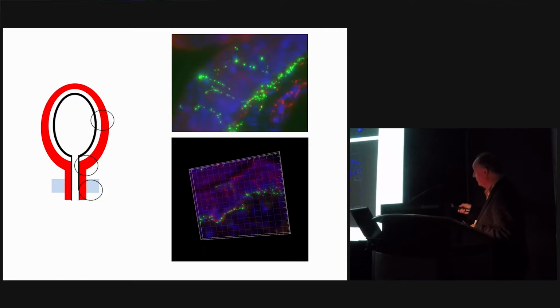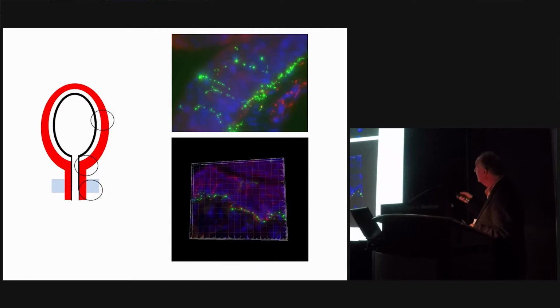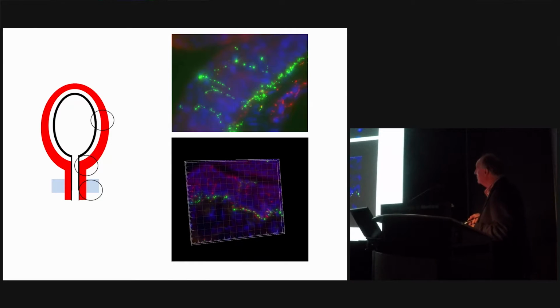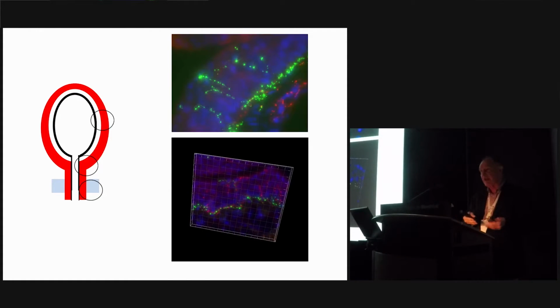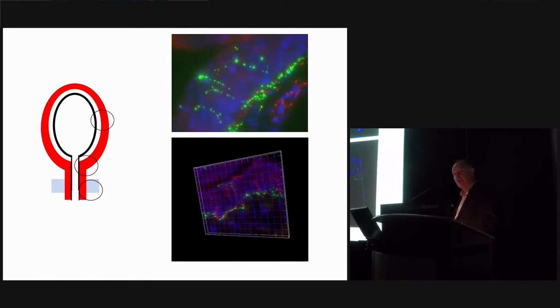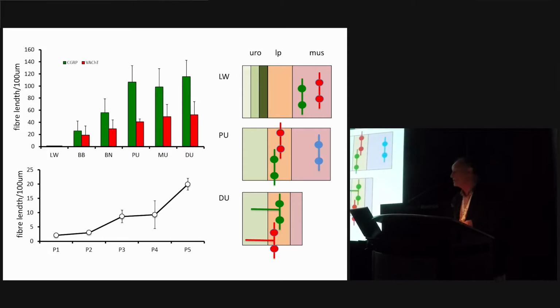Here are the afferent nerve fibers, and here are some VAChT fibers penetrating, and here are some CGRP fibers penetrating. So the innervation has different aspects in different regions in association with the urothelium, suggesting possibly that they have different functions. And this is just a numerical summary of exactly that. Distribution of CGRP and VAChT, lateral wall, there's none. It increases as we go down the urethra, principally in the proximal urethra.